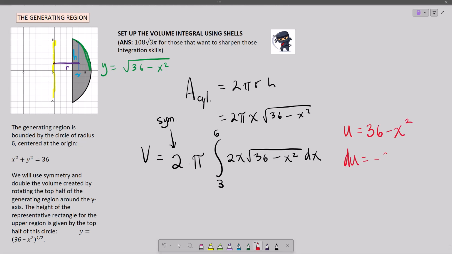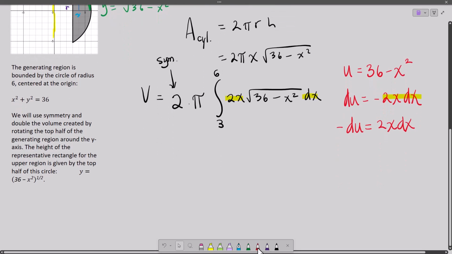If we take that derivative, we get minus 2x dx. That is present, right? We have 2x dx right there. So if we isolate the 2x dx here, in other words, just divide by minus 1, we have 2x dx, that's negative du. So that's how we can do it with substitution.